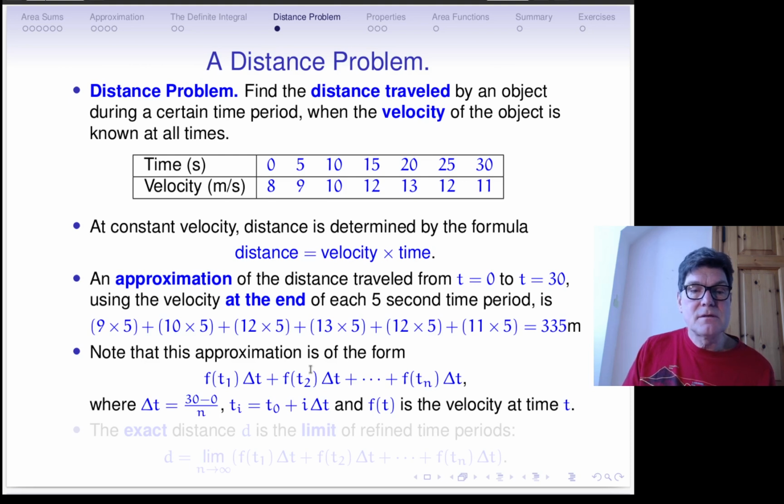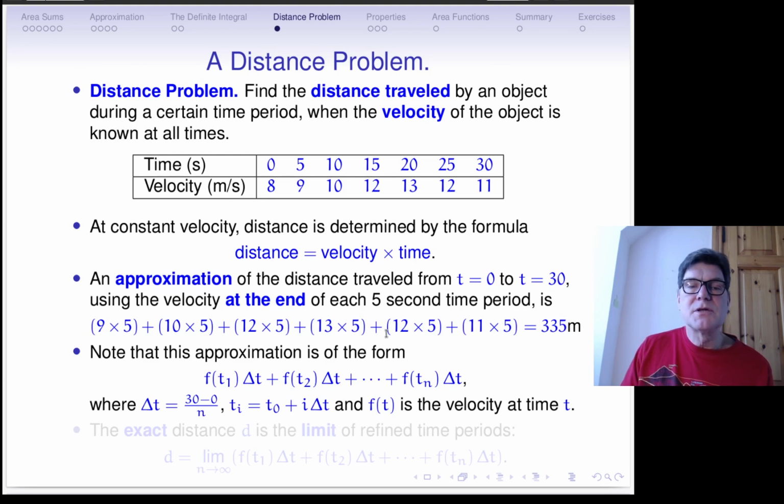The intermediate time points ti are t0 plus i times the delta t. The first point t1 is 5 seconds, t2 is 2 times 5 seconds, and so on. And f of t is the velocity from the table here at time t.